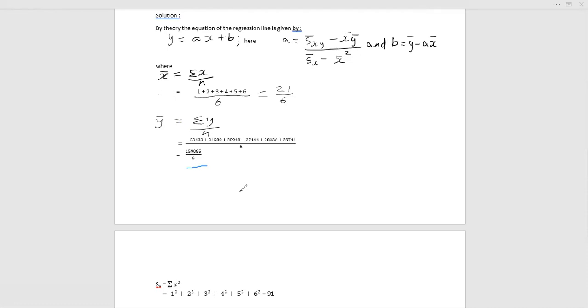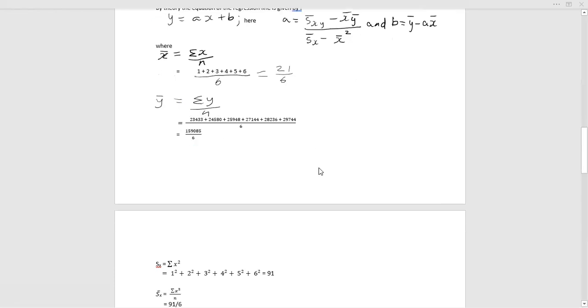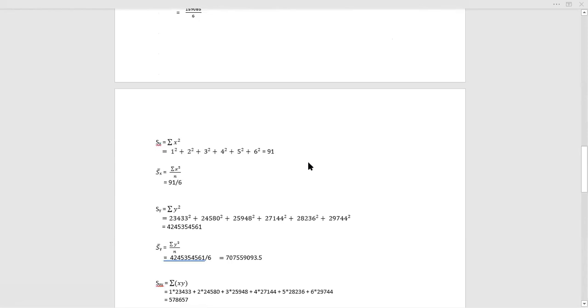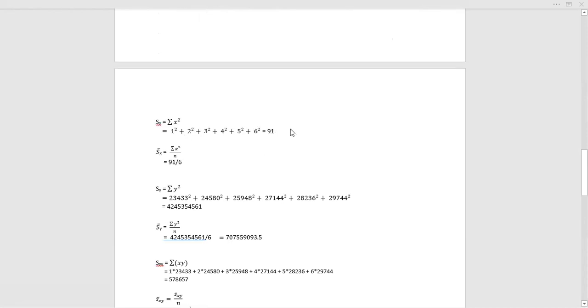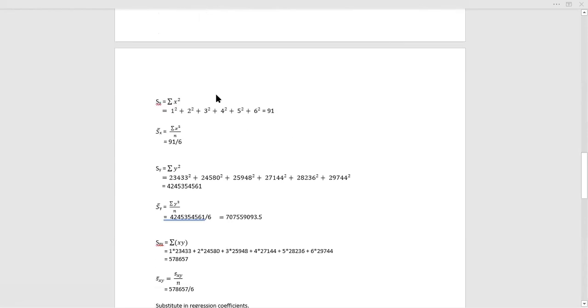Without doing that, we substitute everything as it is in the formula for A, and we simplify just one time. And in the same way, we're going to find other parameters involved with A.